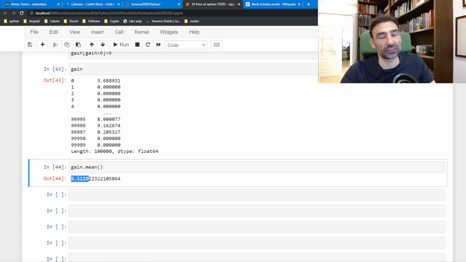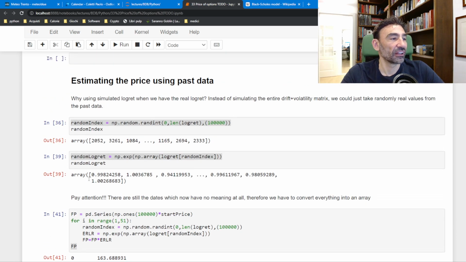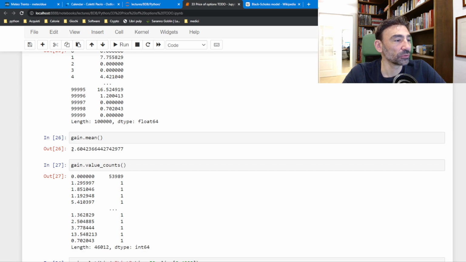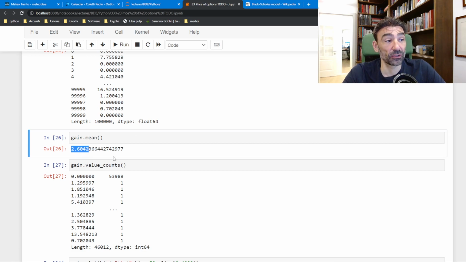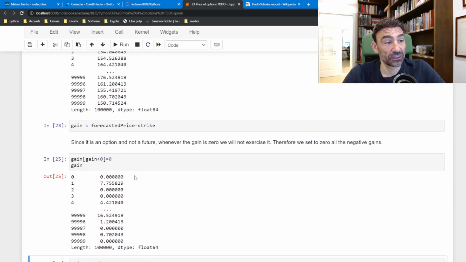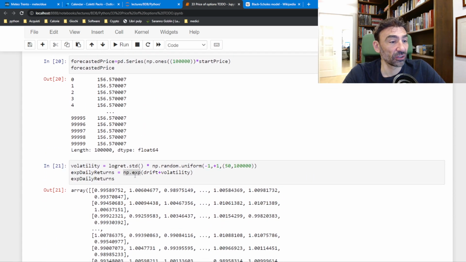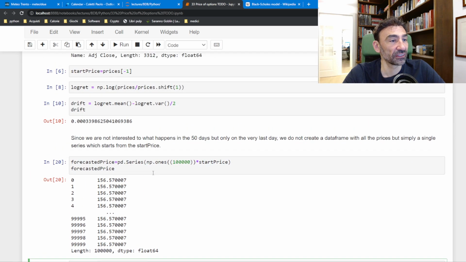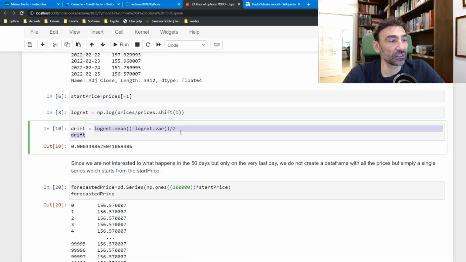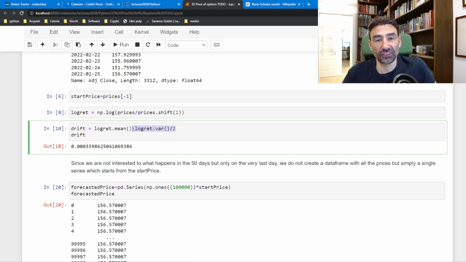So why with this simulation is it 5 and before here it was 2? Well, the reason is that in the Monte Carlo simulation we have these horrible things of the drift. Can you see the drift, which should be simply the logaret mean? We have added a minus logaret var divided by 2 to be conservative, which is clearly killing the gain. It's going down.